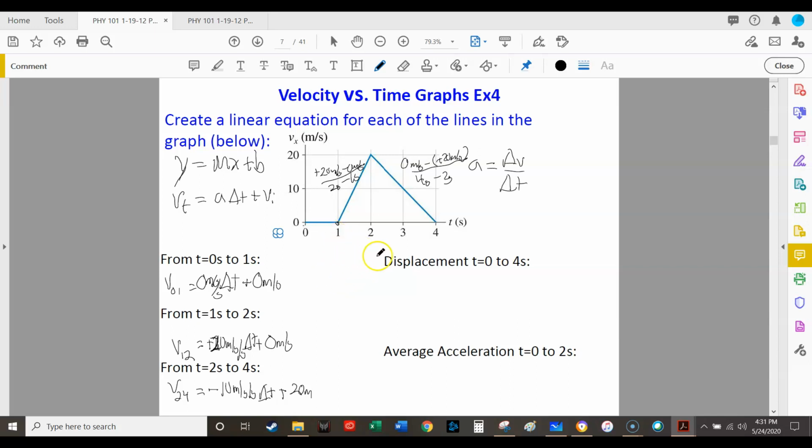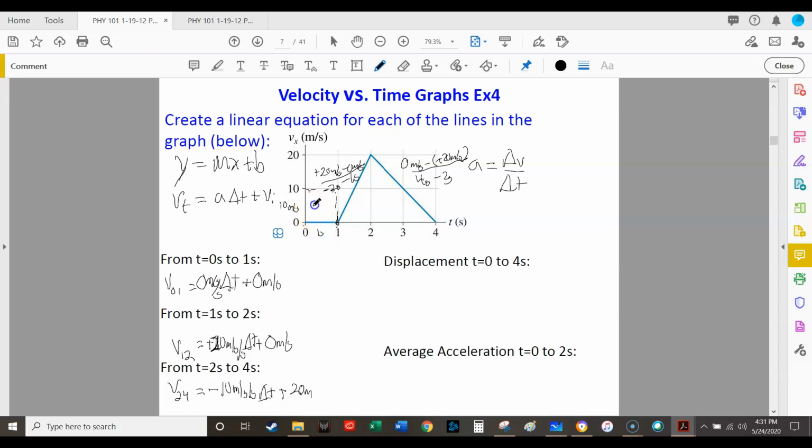Okay, so now let's try something else. Let's figure out the displacement. And there's a quick way to get a couple things here. If you look at this block right here, the area of this block, or each one of these blocks, is 10 meters per second over every second, right?